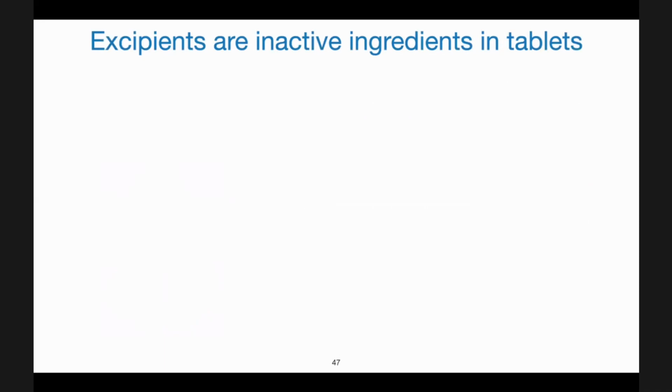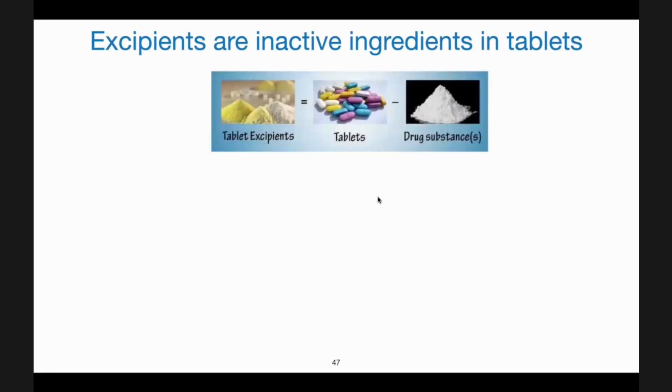Now I will introduce the term excipients. Excipients are inactive ingredients in tablets. We have tablets with the active ingredient, and everything else, like coloring compounds or solubilizers, that is added to the tablet is called an excipient. They are added for various functions.